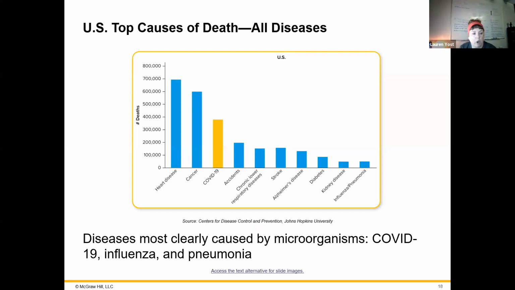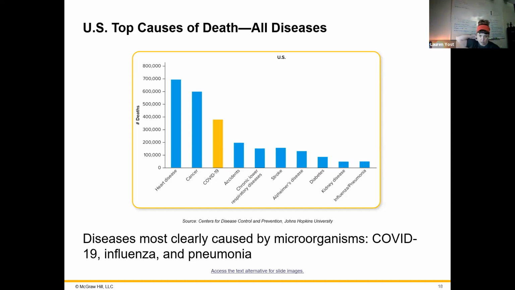But we have heart disease, and then cancer, and then COVID in the United States. You're more likely to die from COVID than from an accident, like a car accident or something like that. But yeah, even stroke is lower, diabetes is lower than COVID still.